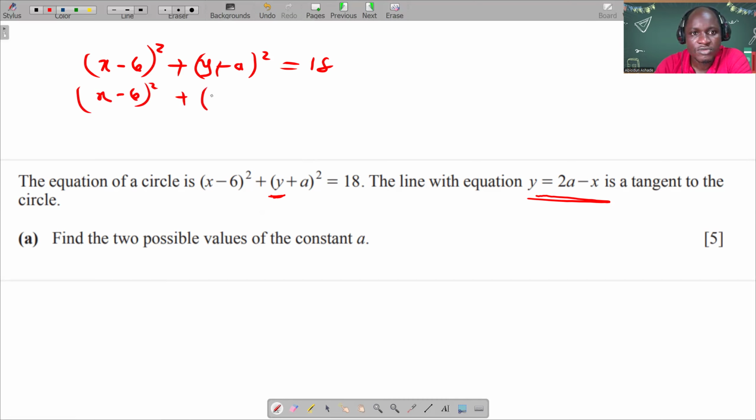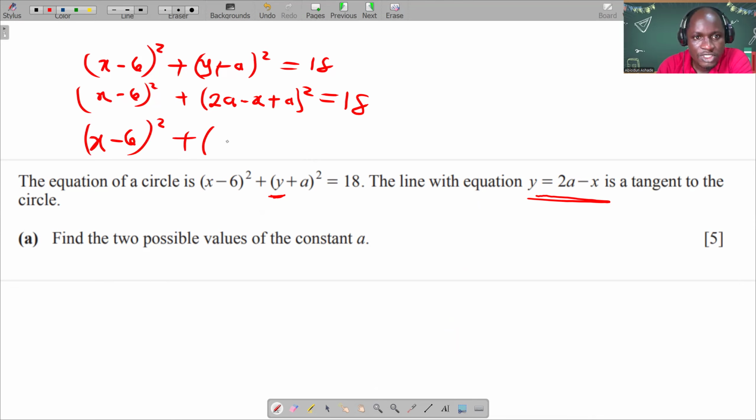So we have (x minus 6) all squared plus (2a minus x plus a) all squared equals 18. If we simplify further, we have (x minus 6) all squared plus (3a minus x) all squared equals 18. So we need to expand now.